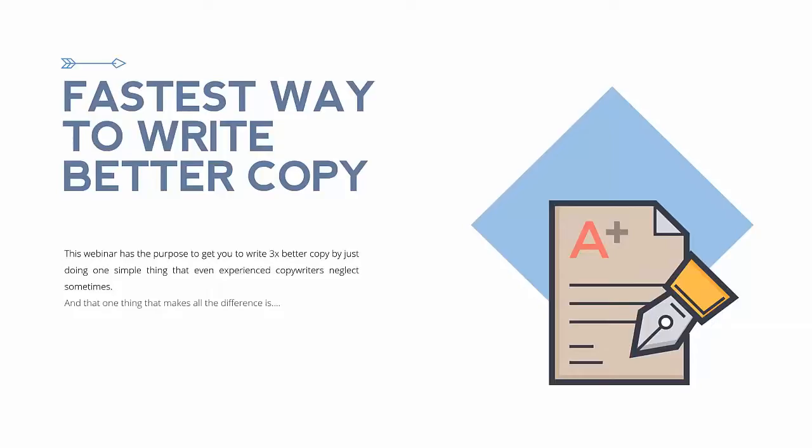So what you could do to see concrete, actual results, better conversions overnight, is proper research. A big part of this research is defining your customer profile, basically identifying who you're speaking to.